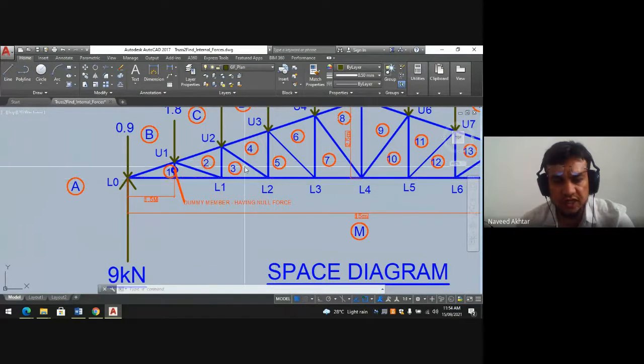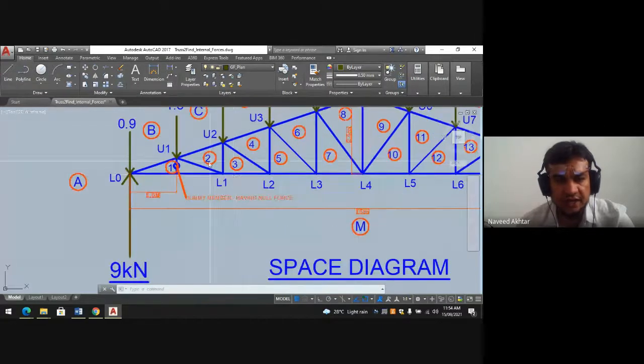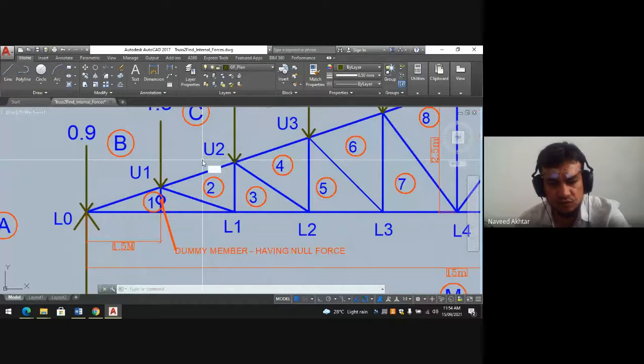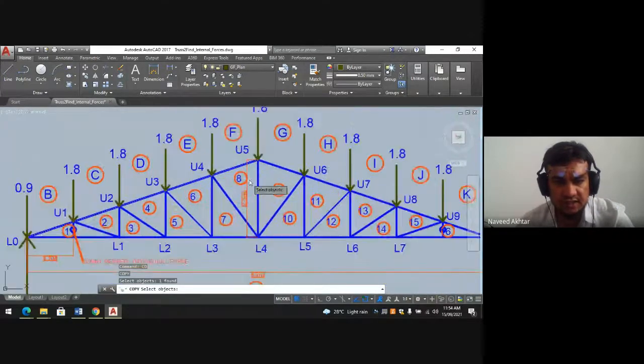So 2 to 3 I will draw the parallel line, and 2 to C again inclined line.